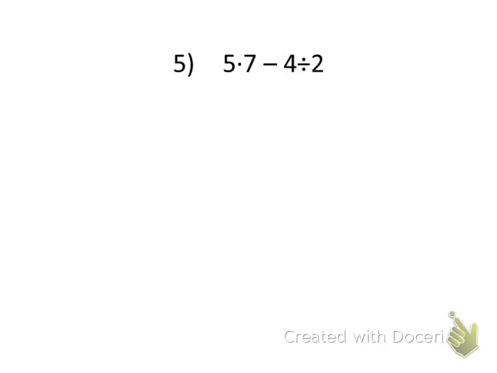Exponents, anything? Multiply, divide, anything? Yeah, we have both. When you have both, you just work left to right the way that you read. So we need to do the 5 times the 7 first. What was that? What did we get? 35. Good. 35, and then nothing else should change right now because you haven't done anything else. The only thing we did was the 5 times the 7.